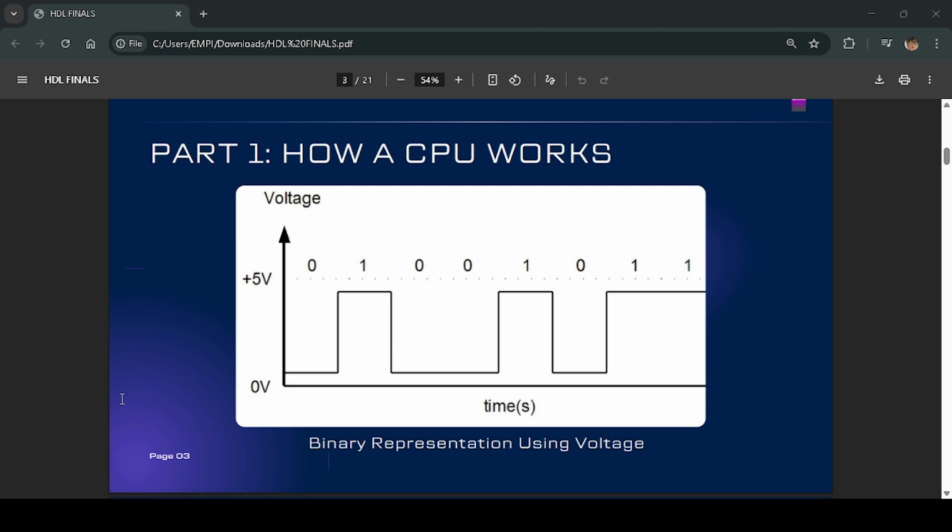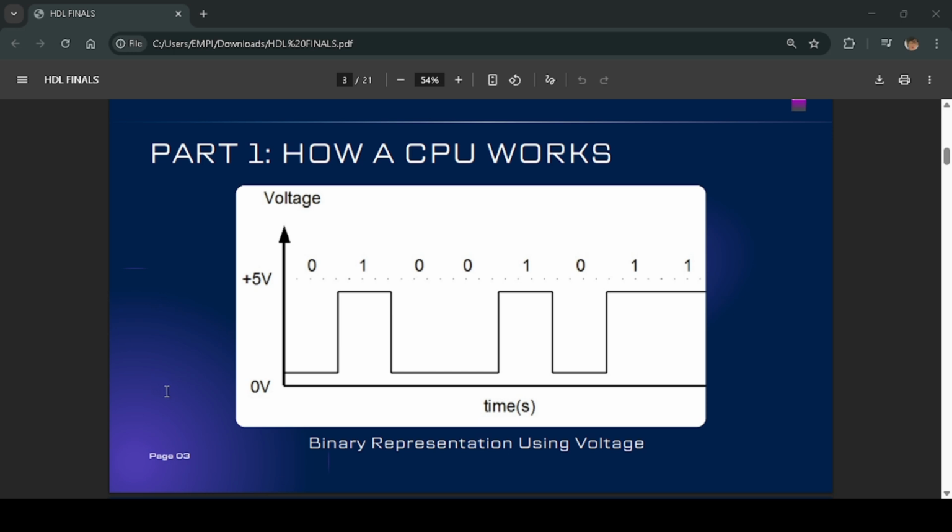At the absolute heart of all digital computing lies a simple, robust concept, which is the binary representation using voltage. Inside a CPU, every number, every letter, every instruction is reduced to a pattern of two states.